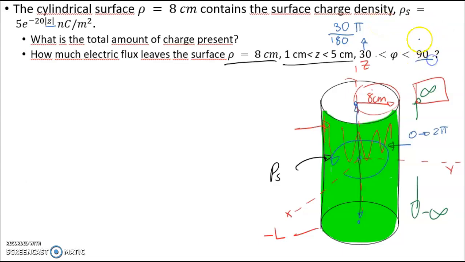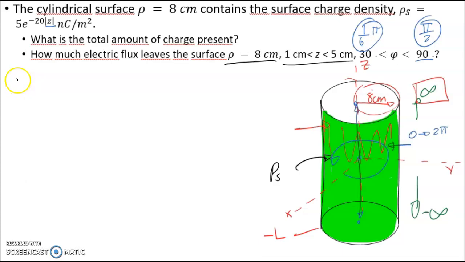For this one right here, we'll have 90 divided by 180 times pi. That means 30 will become 1/6 of pi, and 90, we already know, becomes pi over 2. So instead of working with 30 and 90, we're going to work with pi over 6 and pi over 2. The integration we're going to use is exactly the same.